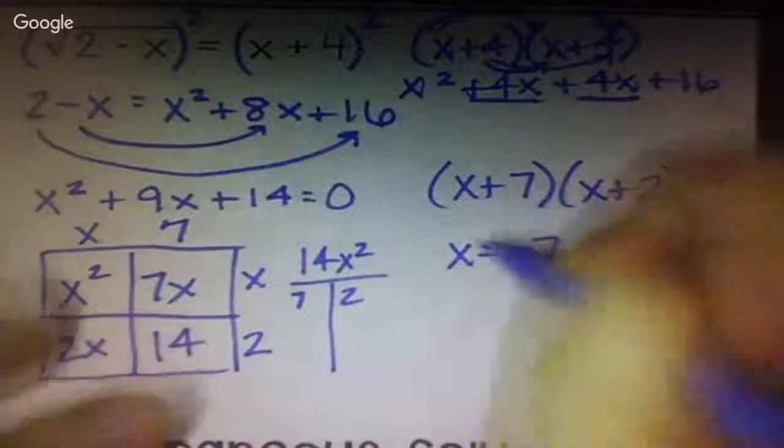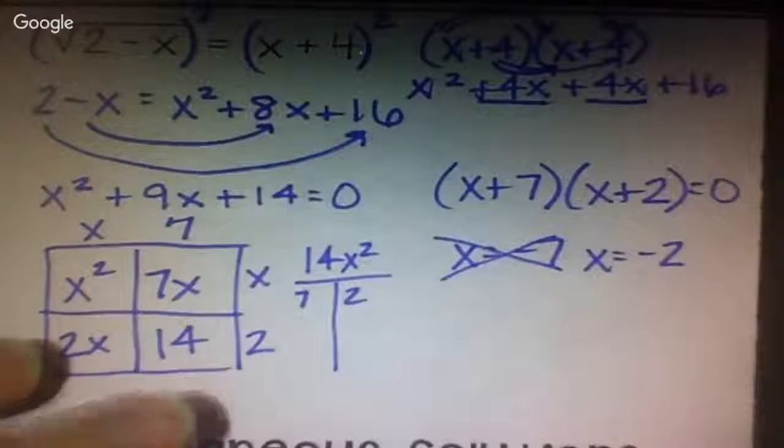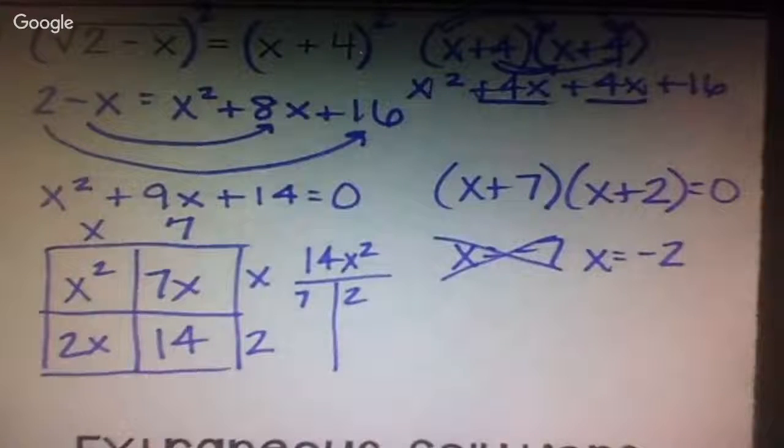So couldn't you just plug it in on one side, and if it's not one solution, you can just leave it? You could have in the last one, but here you've got to compare it to what it is plus 4 on the other side. If you know that -7 on the right-hand side gives a negative number, you're never going to get a negative number when you take the square root of something, so that throws your -7 out.